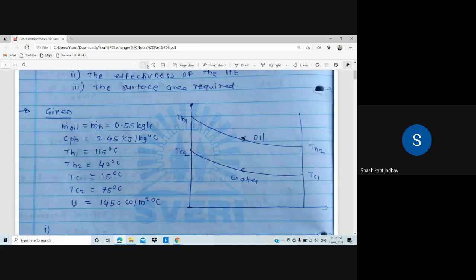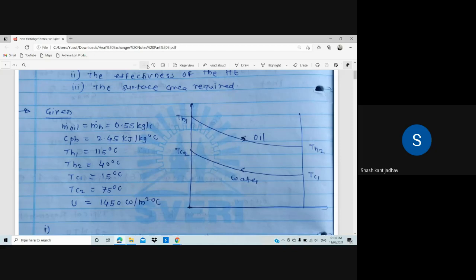Okay, mass flow rate of the hot fluid, then specific heat of the hot fluid, then Th1 and Th2 are given. Then the inlet and outlet temperature of the cooling water are also given. Means Tc1 is given and Tc2 is given. Inlet temperature is nothing but Tc1, and outlet temperature is nothing but Tc2. So Tc1 is equal to 15 degrees Celsius and Tc2 is 75 degrees Celsius.